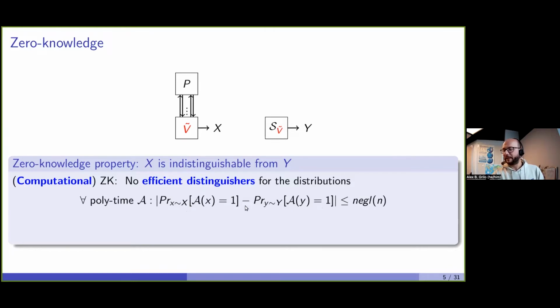So the advantage of distinguishing these two should be negligible in the size of the input. Okay, so this is the computational zero knowledge property that we would have from such a simulator based on this verifier. Any question?